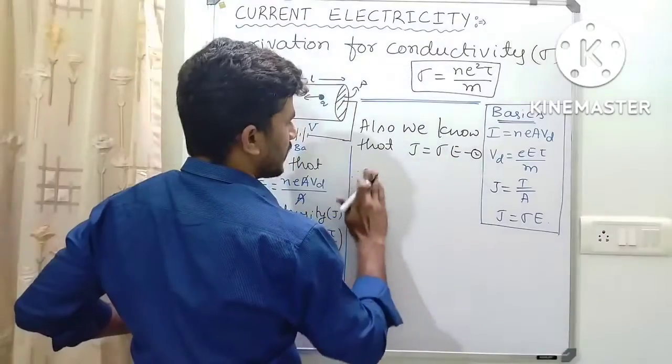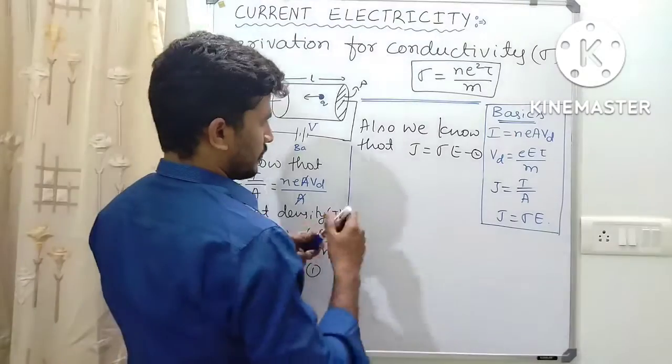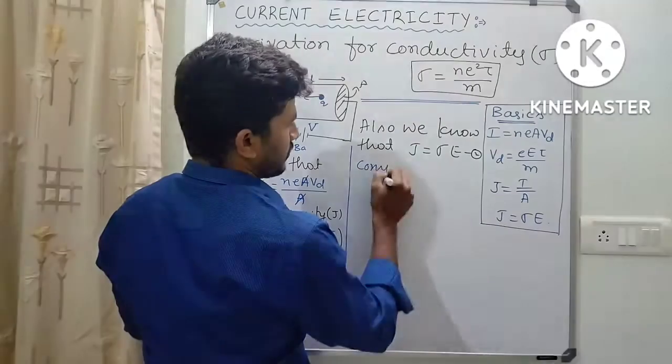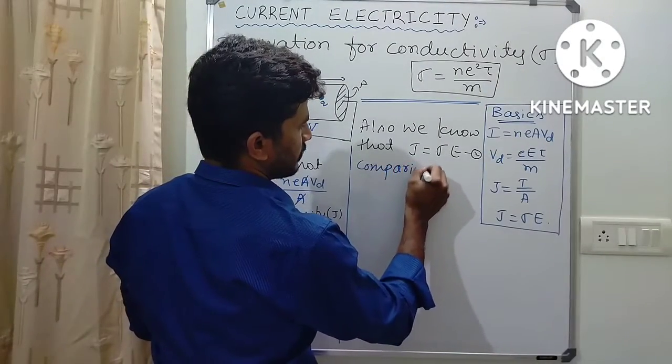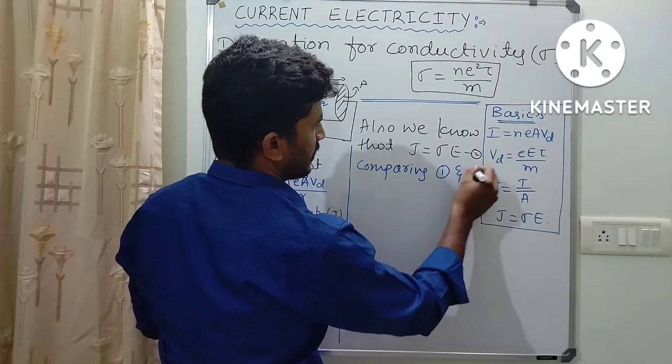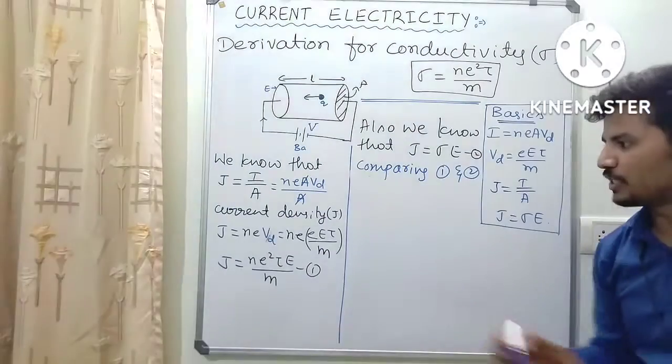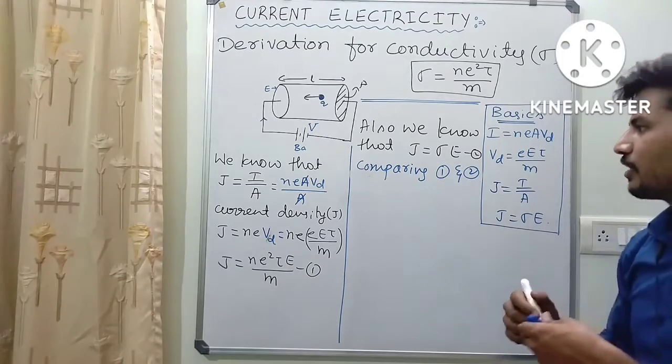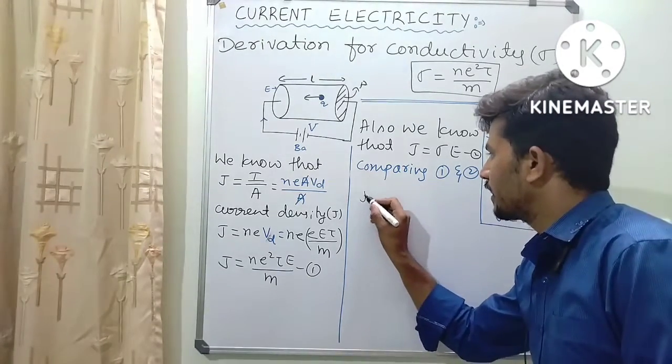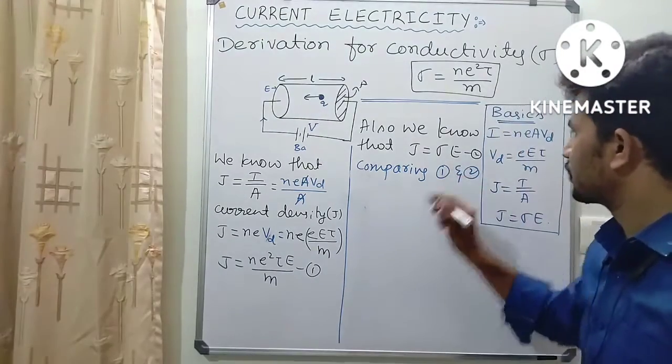Comparing equation 1 and 2, what do we get? We have J is equal to N e squared tau E divided by m.